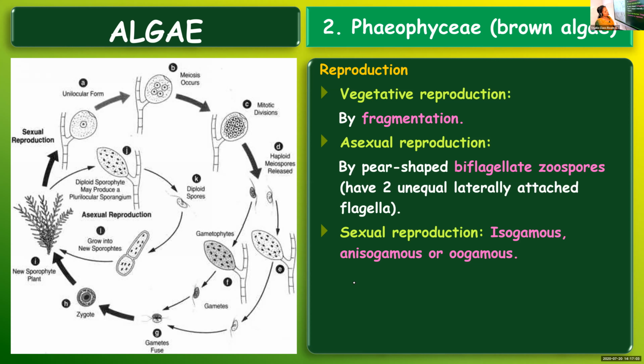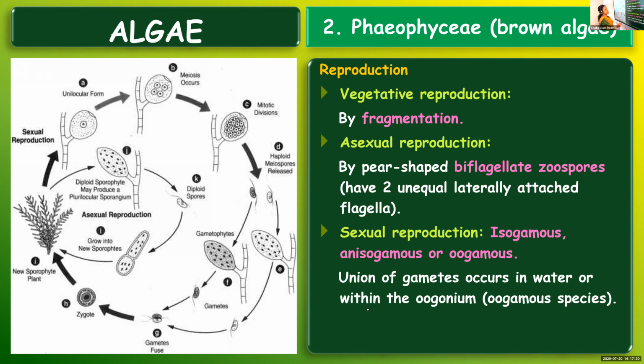When they are dissimilar, it is anisogamous. And oogamous means between an egg and a sperm. Egg will be large in size, and in the majority of cases non-motile, whereas the sperm will be motile and smaller in size. The union of these gametes will take place either in water.